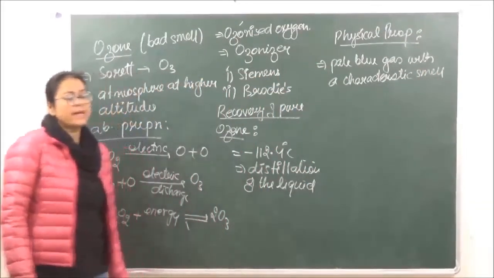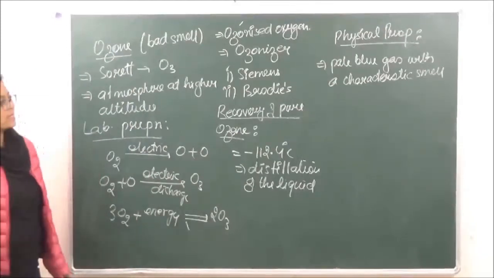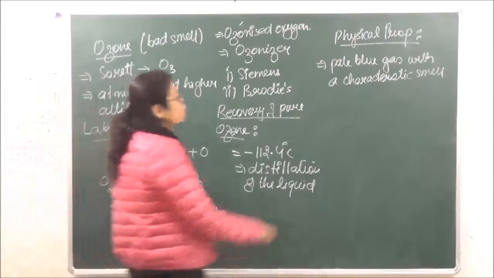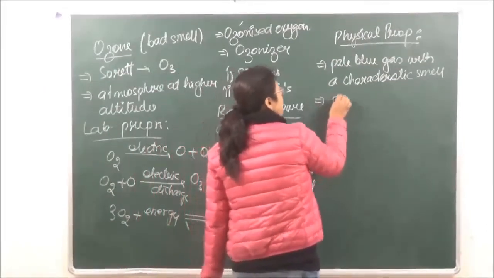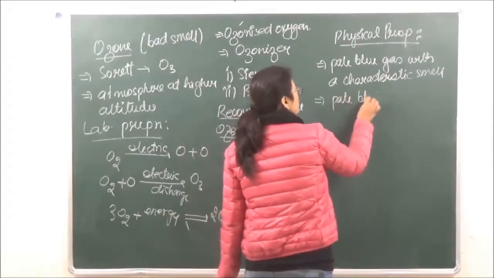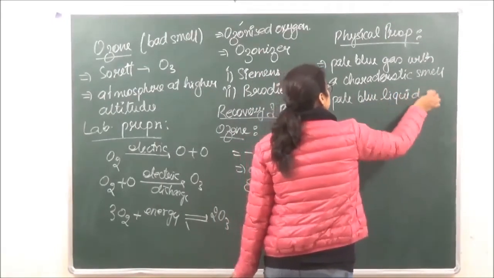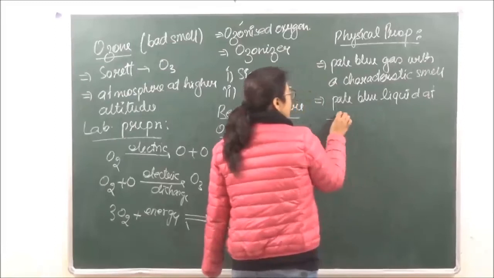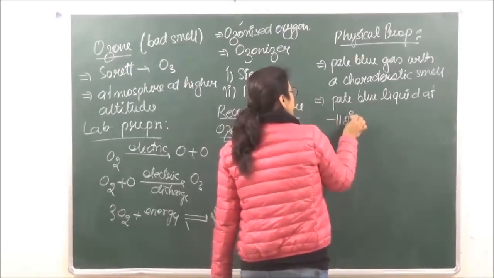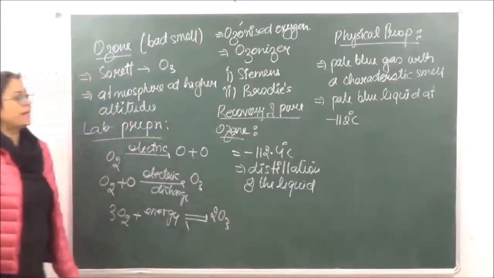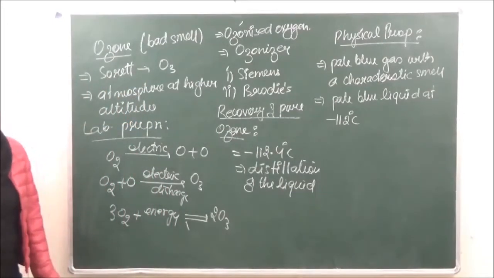As we just said, ozone means bad odor, so it has a characteristic smell. Then it can be liquefied to a pale blue liquid at minus 112 degrees Celsius.